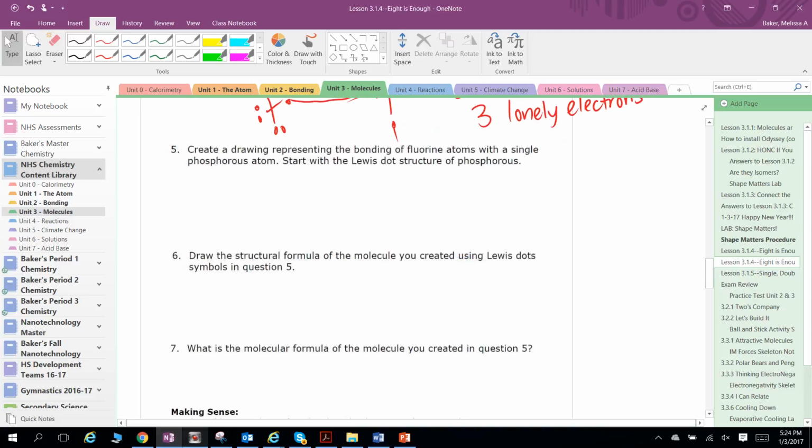Create a drawing representing the bonding of fluorine atoms with a single phosphorus atom. Start with the Lewis dot structure of phosphorus. So again, it wants us to draw out what we were starting to visualize in the last question. It gets tiring drawing so many dots, but they're important, and you'll see why when we start talking about shape.